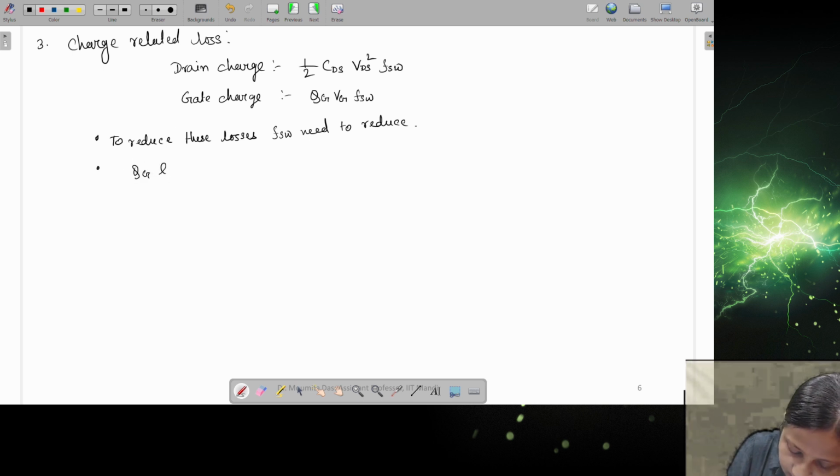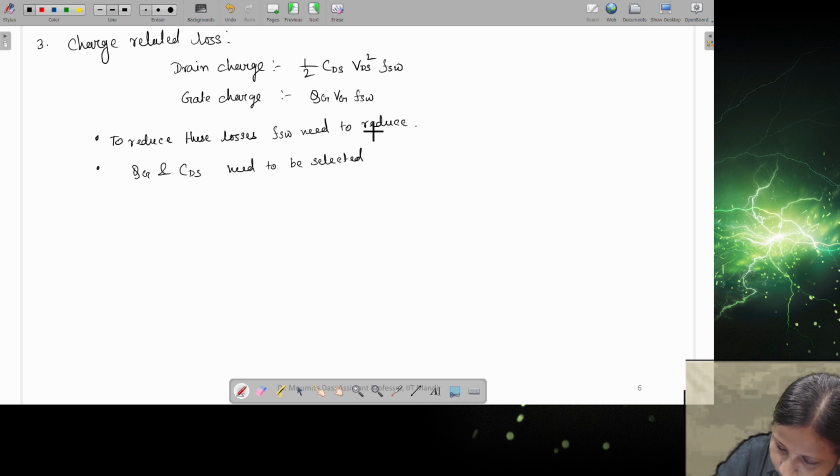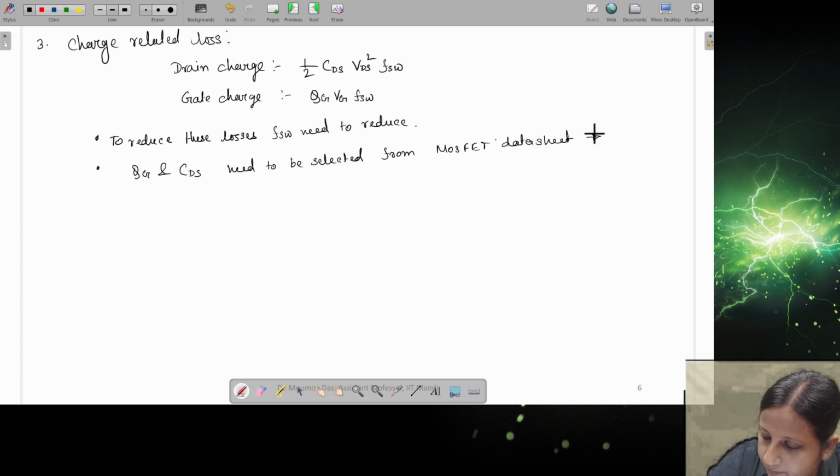Now what remains are QG and CDS, which need to be selected from the MOSFET datasheet, of lower value.